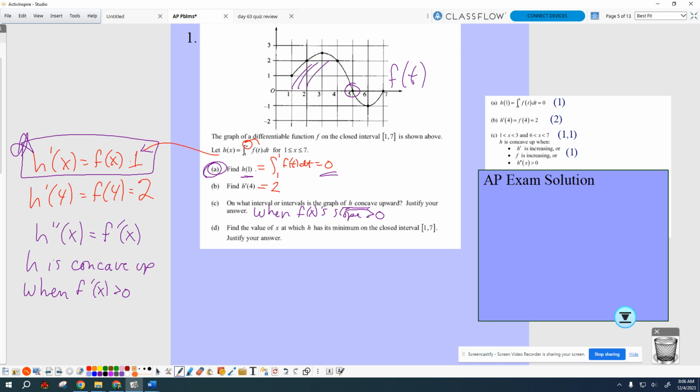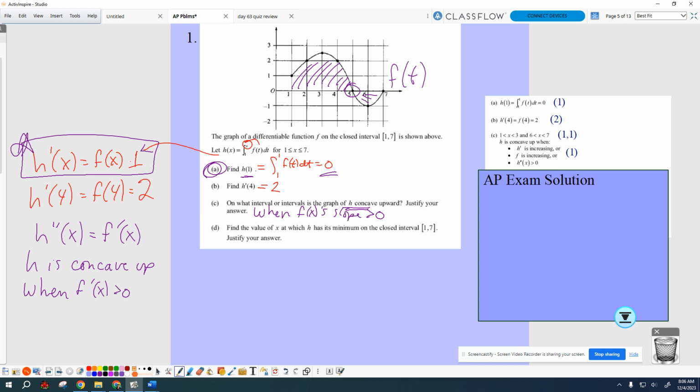I've accumulated area, I've gotten more and more and more positive. I don't really feel like doing the math, but does this look like it's going to counteract that upper bubble? No, so I would say the absolute minimum is going to be 0 at x or t equals 1.